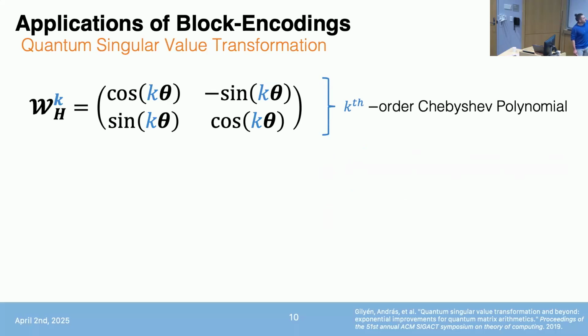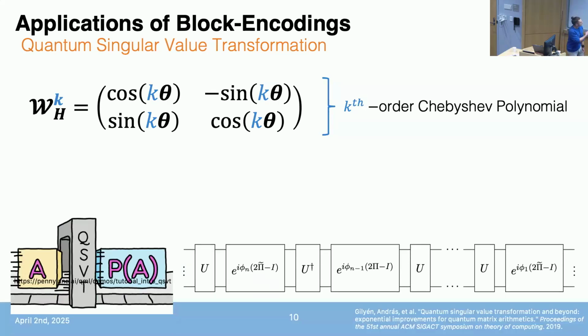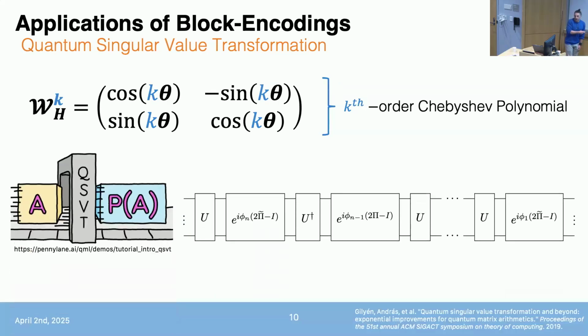Turns out that applying this thing k times gives you the kth order Chebyshev polynomial, if you're familiar with Chebyshevs. One of the really cool things about this is that the Chebyshevs form a nice basis for approximating functions, right? So if I have some random function that I want to implement of my matrix A, I can use my walk operator to construct a really nice basis for approximating that function. And that's exactly what the quantum singular value transformation aims at doing.